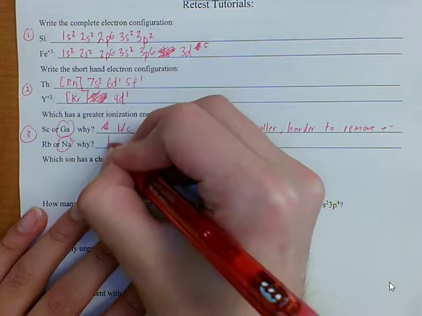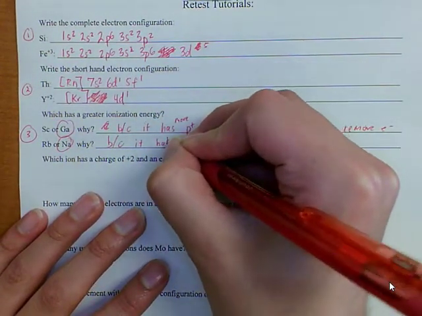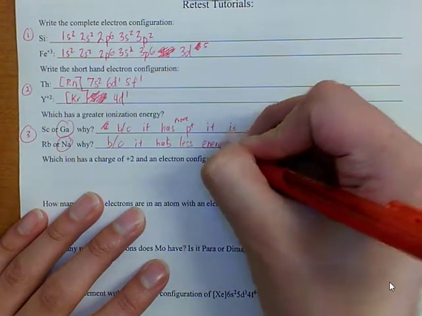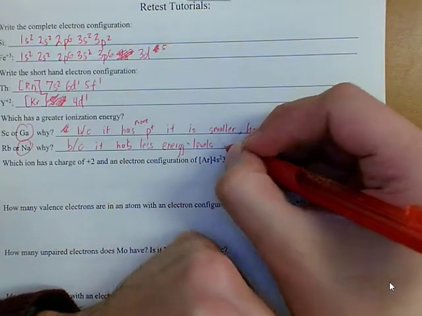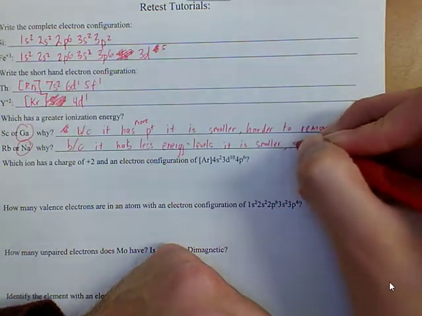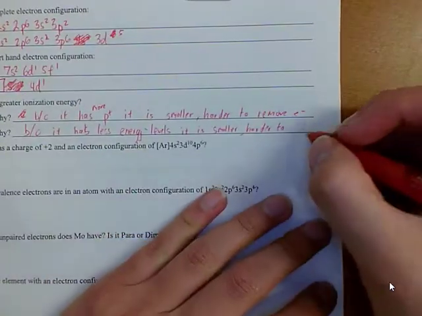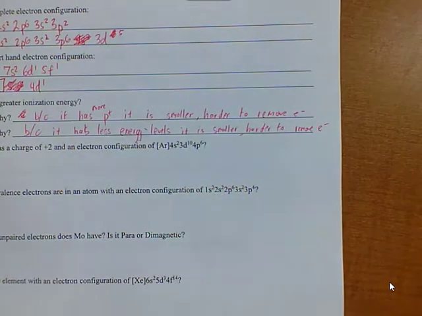Why? Because it has less energy levels. If it has less energy levels and less electrons, then it is smaller, so harder to remove electrons. There we go.